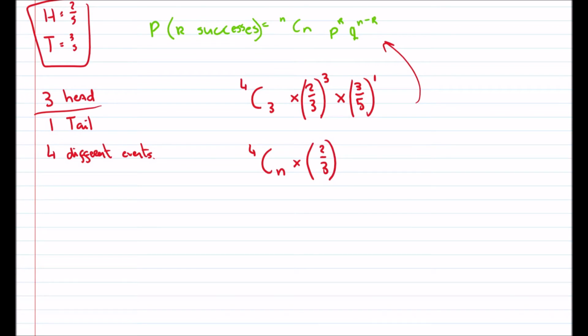Okay, now let's just have a look at how that corresponds to this. 4, choose R, where R is the number of successes, which is 3, multiply by the probability of not success, which would be a tail, to the power N minus R. Sorry, this should be an R, by the way.